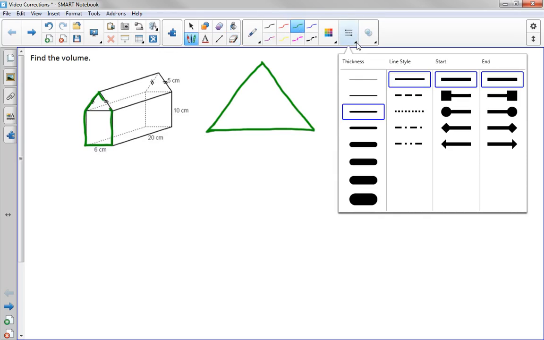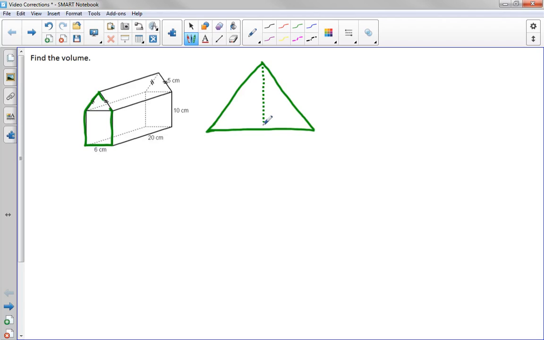Correctly. So what I'm going to have to do is find the height of this triangle. So the bottom side is 6, and we've divided it into two pieces that each have length 3. And as stated, the slant in the diagram has length 5.